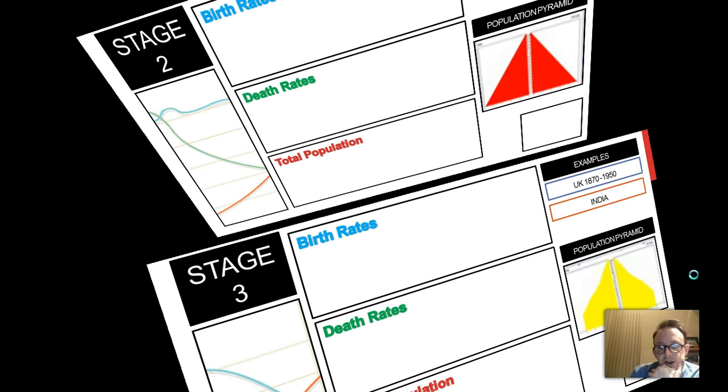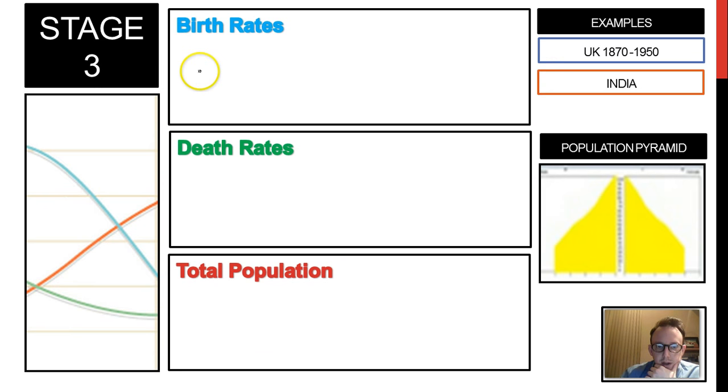Okay. Now in stage 3, birth rates are falling. Okay. Death rates are also falling. Population is still going up. Okay. Now the reason for the death rates falling is improvements in all the things that led to the falling death rate in stage 2.